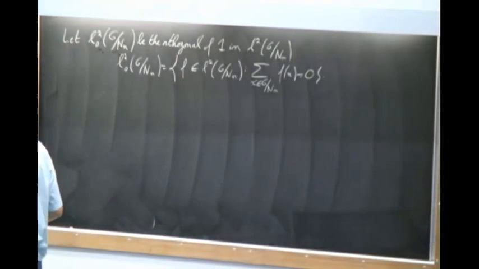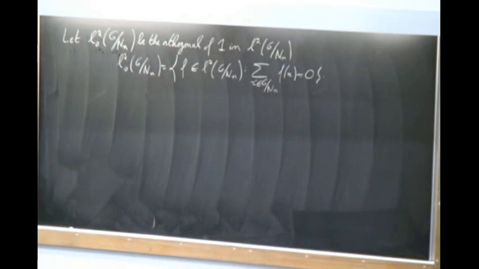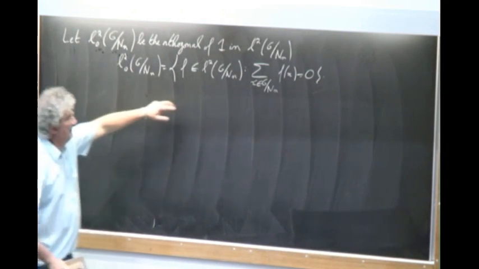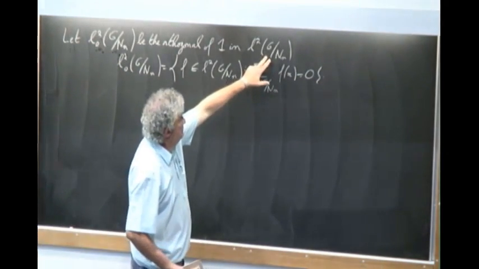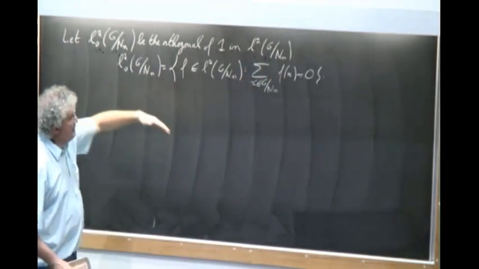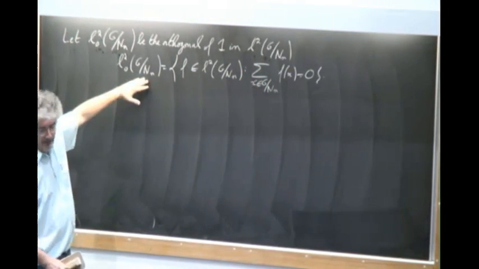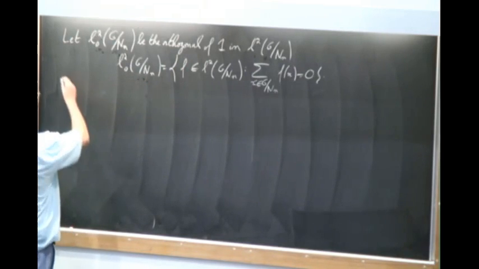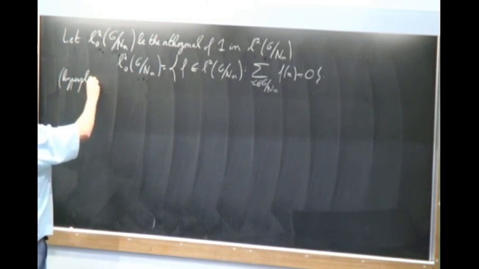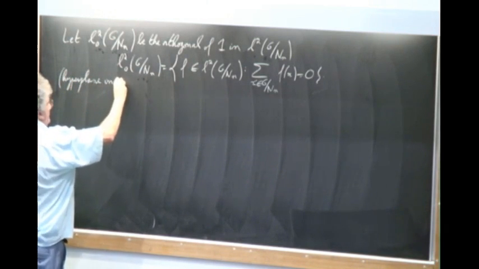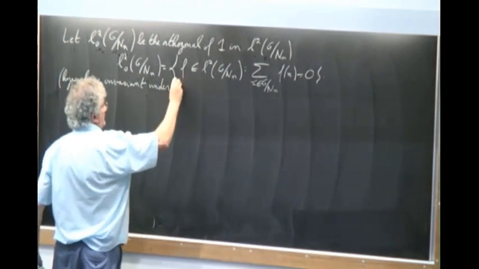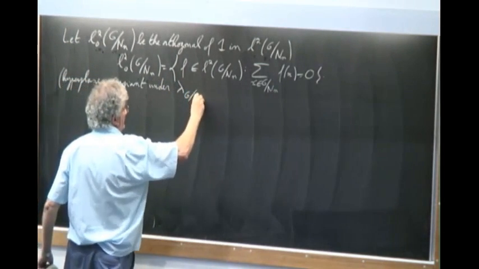And we have the left regular representation of the quotient group, which acts on that Hilbert space, but it preserves that hyperplane. So it's a hyperplane invariant under lambda of G/N_n.